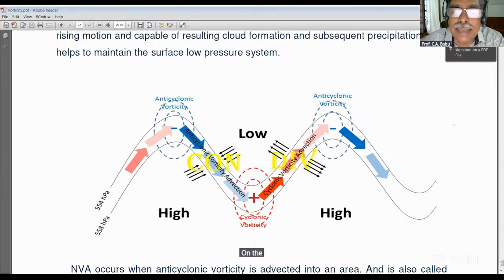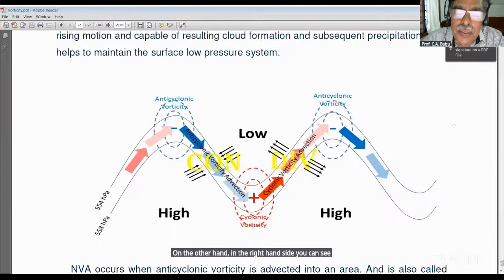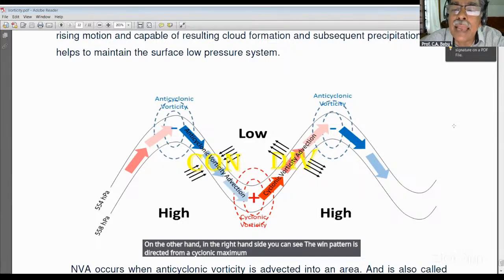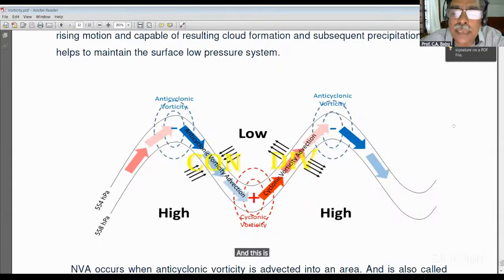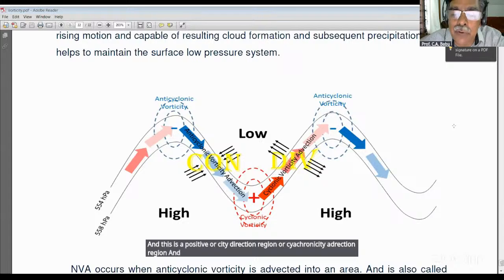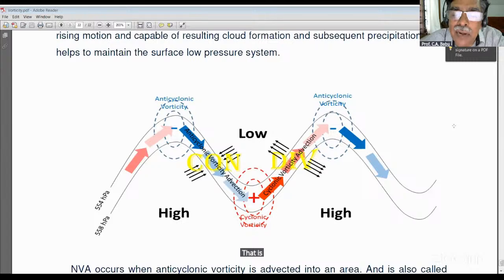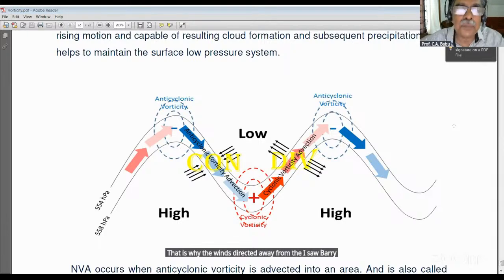On the other hand, on the right hand side, you can see the wind pattern is directed from a cyclonic maximum region towards an anticyclonic maximum region, indicated by red and rose color, and this is a positive vorticity advection region, or cyclonic vorticity advection region. This positive vorticity advection region coincides with divergence in the upper level. That is why the winds are directed away from the isobaric pattern in the diagram.